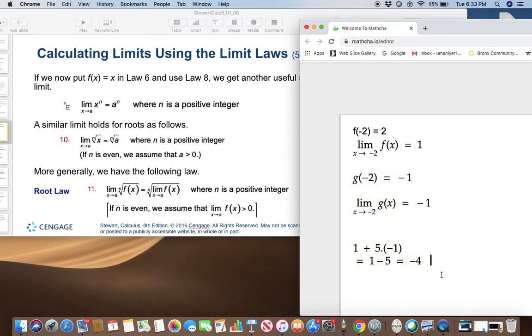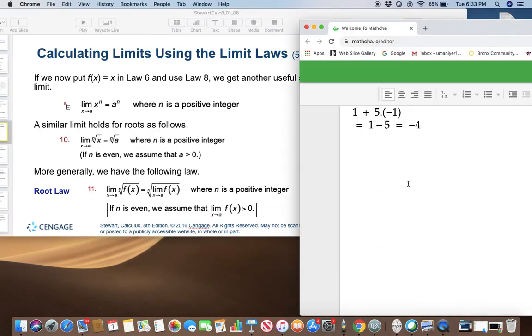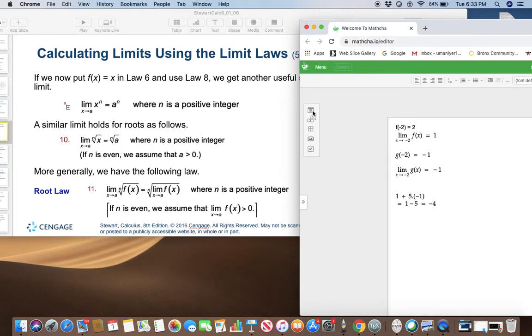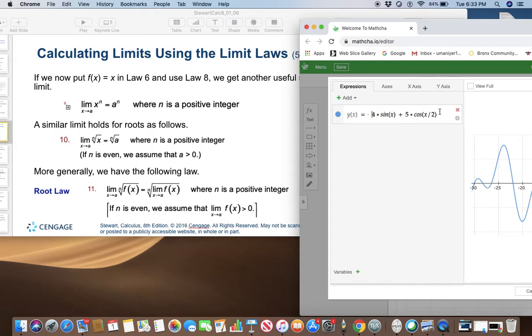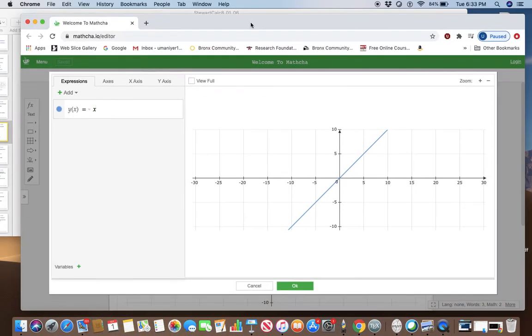If you like, you can look at the graphs. Let's see the graph of y equals x. Notice how it has no breaks.